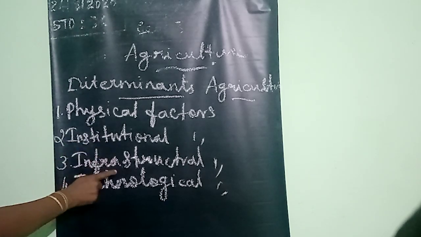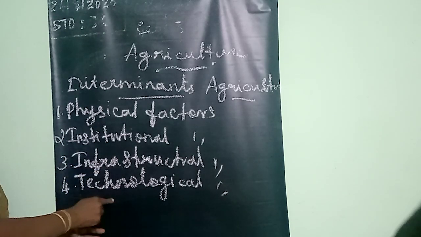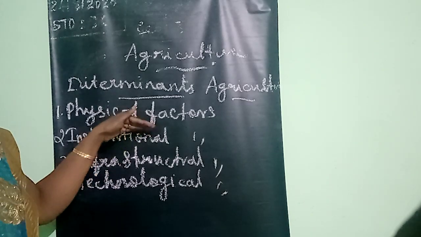Third one is infrastructural factors, and the fourth one is technological factors. Agriculture in India is determined by 4 factors: physical, institutional, infrastructural, and technological factors. Now I am going to explain one by one.